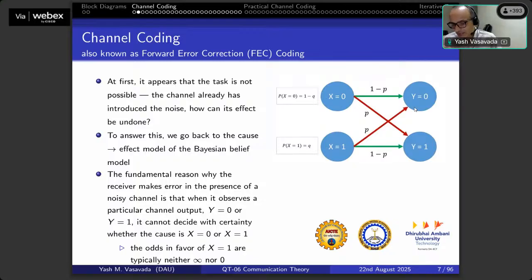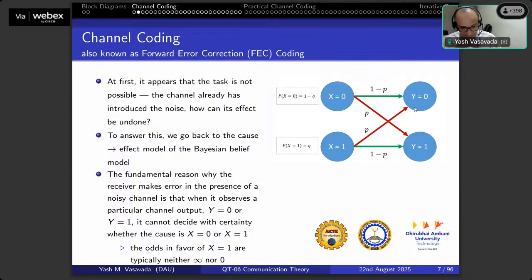Some other channel might be kind of bad, so for it the p value might be 0.3. So out of 1000 bits that you are transmitting, maybe as many as 300 bits get flipped. So then that is what it is, right? The 300 bits are flipped. What else can you do with it?